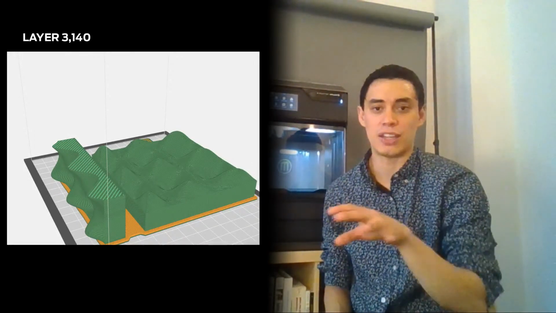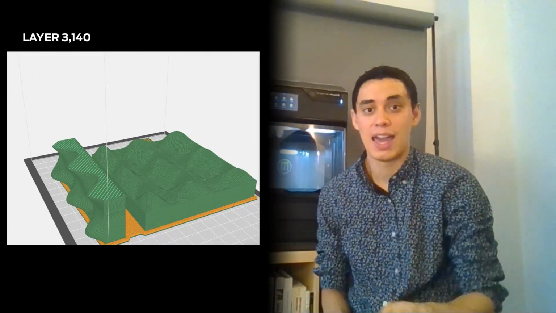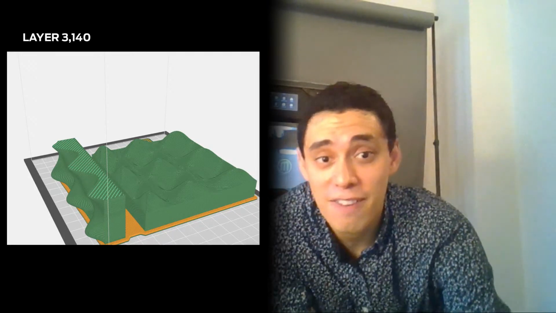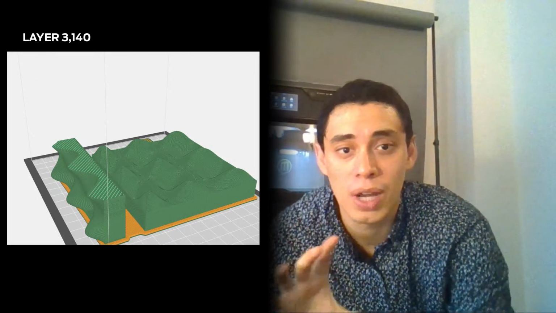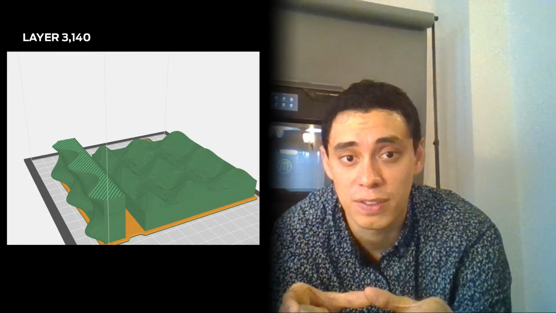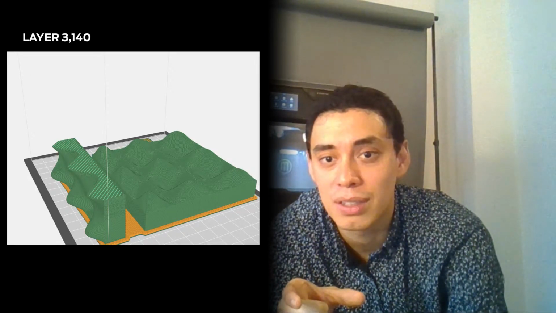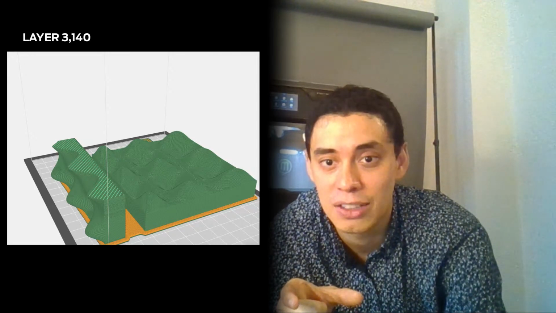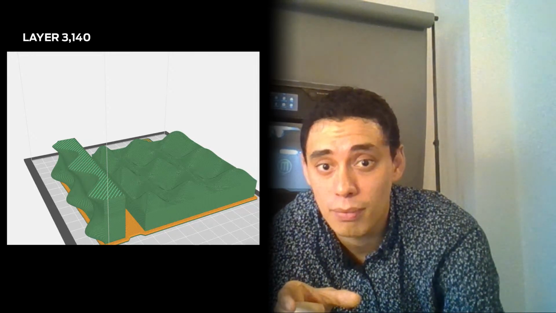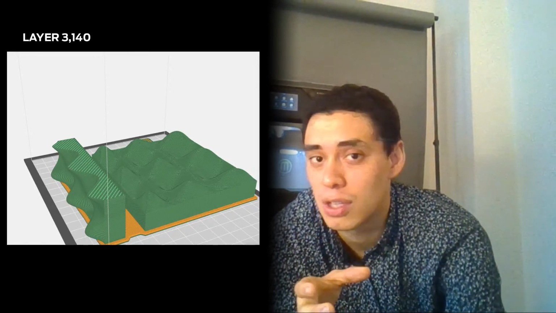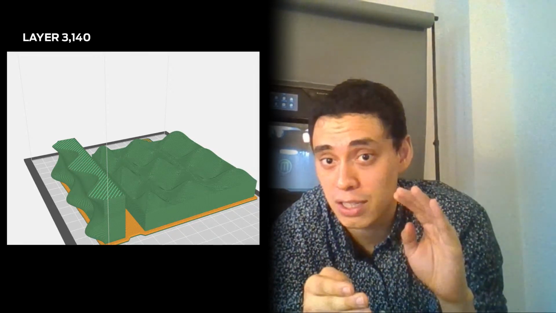So in this case, I took specifically that file, and I sliced it, and as you can see here, the element on the right, the one that's flat against the surface, by layer 3000, that component is practically done. It's already finished. That means I only have 3,000 layers of resolution.